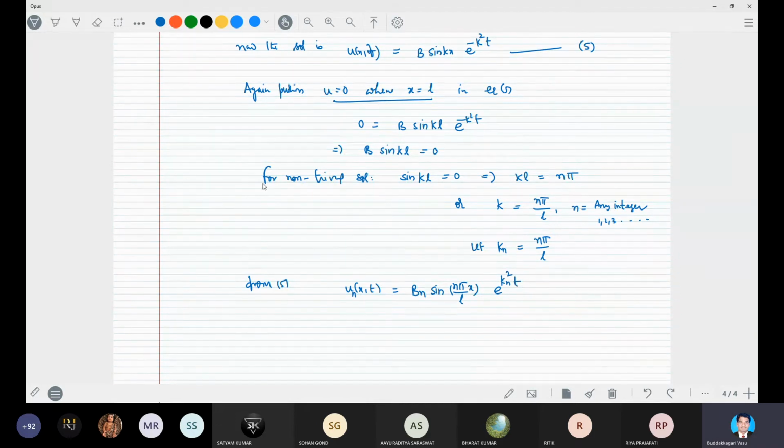Here you can write it first, later we will write this one. I will put k_n here, because it has n values, or infinite values.